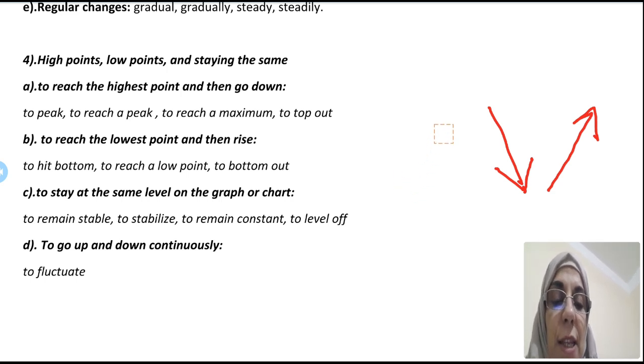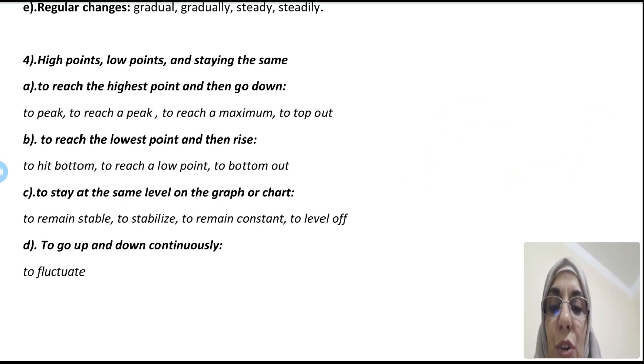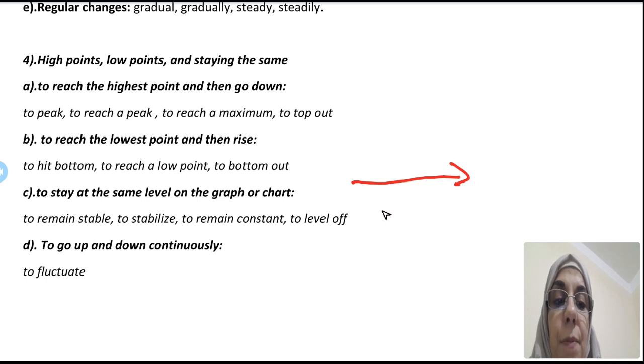Now see, firstly I should clean these in order to draw further drawings. To stay at the same level on the graph or chart, the same level, okay. Here, to remain stable, or we say to stabilize, to remain constant, to level off.